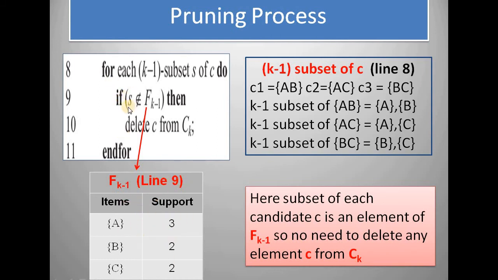For the case of AB, if S, that is A or B, is not an element of Fk minus 1, then delete the candidate. But in this case, A, B, A, C, B, C are all subsets of different candidates of the set Ck, and A, B, C all three have minimum support and are frequent. So all the candidates should be part of Ck, they should not be deleted. So Ck remains as it is.